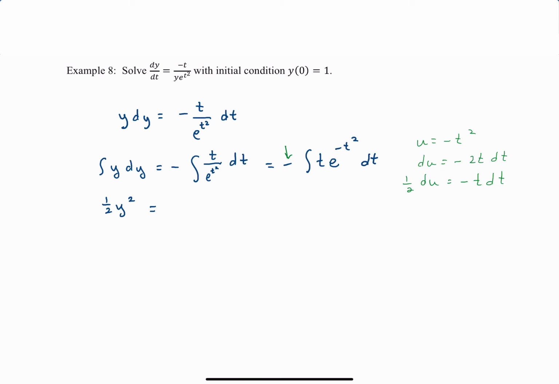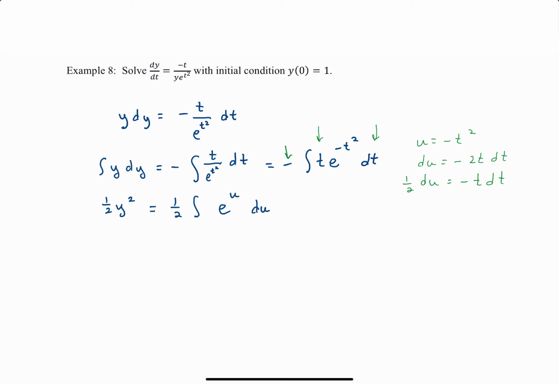So I've got a minus and a t and a dt, and that's all going to get swallowed up into 1/2 du. So at this point I'll have 1/2. Remember, the minus sign got swallowed up into the du, and there's my du. And inside I have just e to the u.